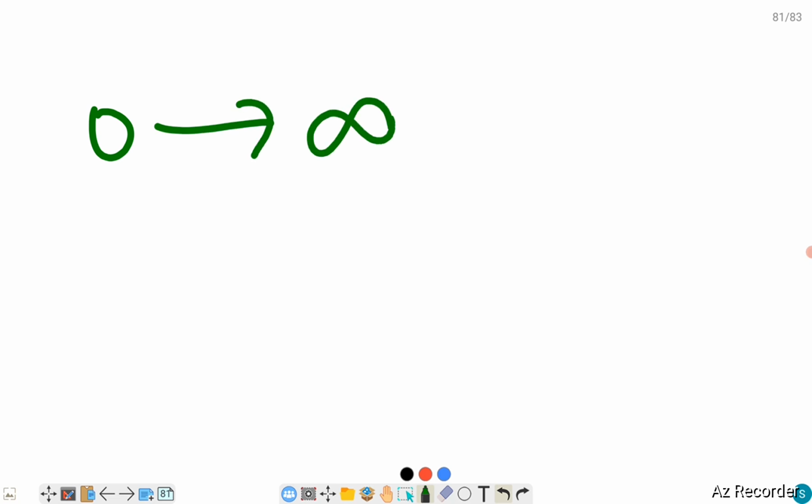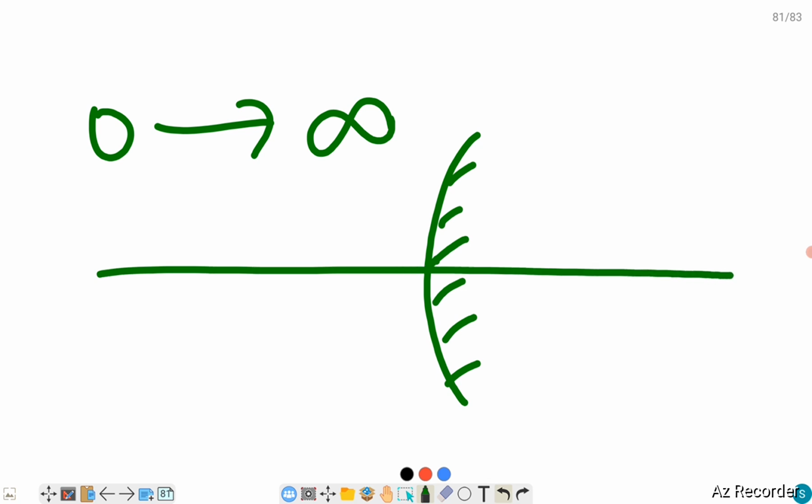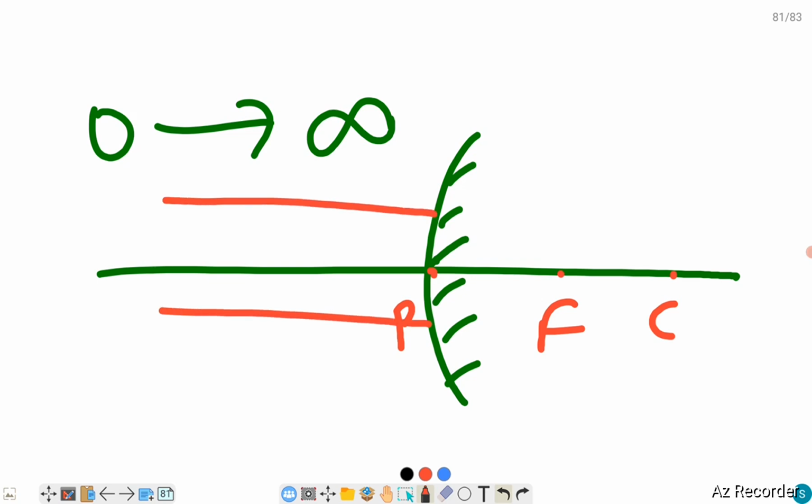This also we have already seen, so I will do it quickly. When I am doing a convex mirror, we have to be careful by marking the pole, focus and center behind the mirror. Now take the parallel beam of light.